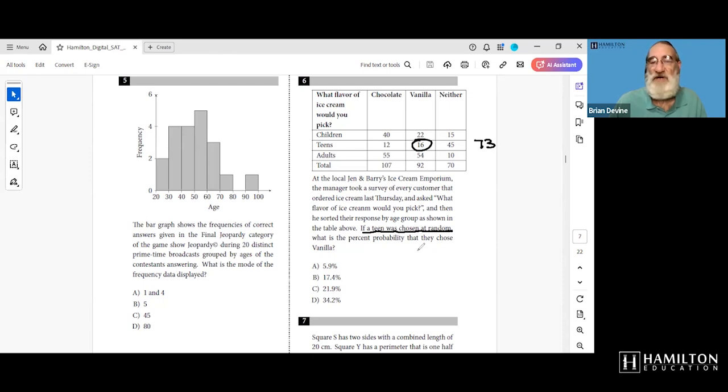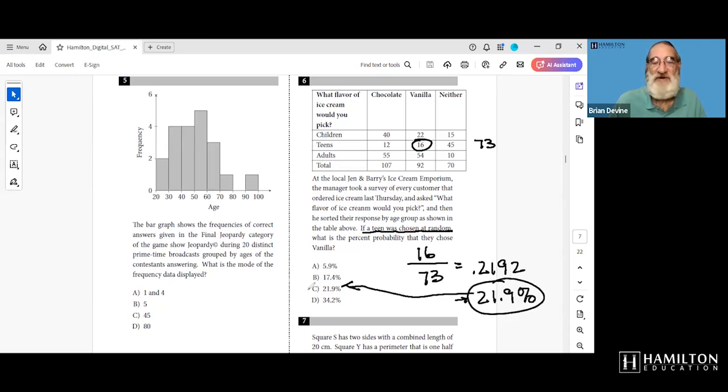And so by the wording of the question, how many? 16 out of what group? 73, the teens. And if I run that calculation, I get 0.2192, which implies 21.9%. And so I see that as an answer, and C is the correct answer.